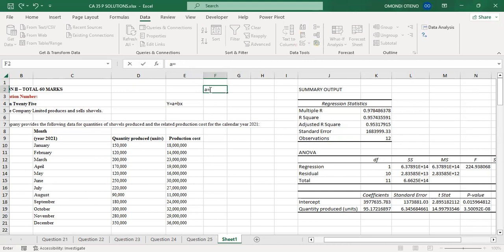So A is equal to fixed costs. Then B is equal to variable costs per unit. B is variable cost per unit.